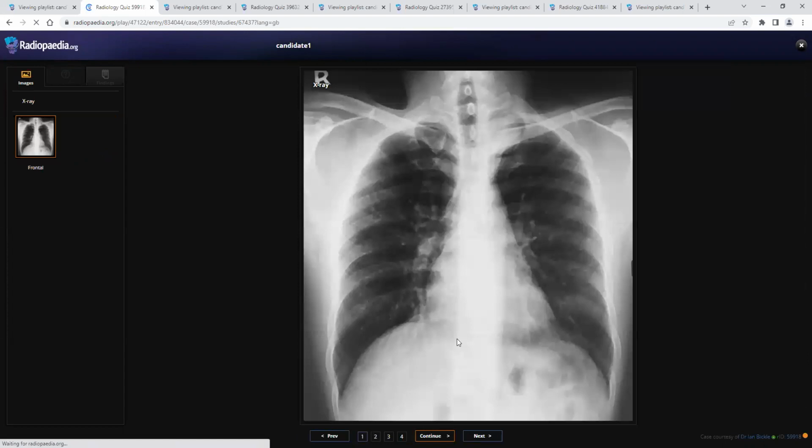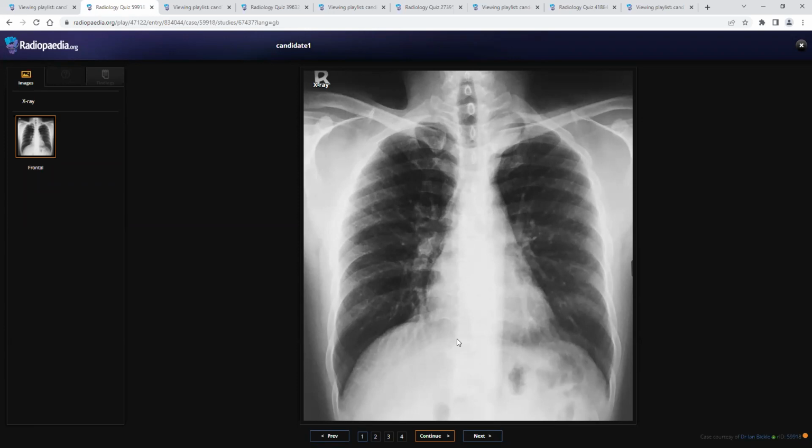This is a frontal chest radiograph of a skeletally mature patient complaining of chest pain. It reveals that the left apex appears relatively hyperdense in comparison with the right side. However, I will go systematically with this patient to exclude other pathology.